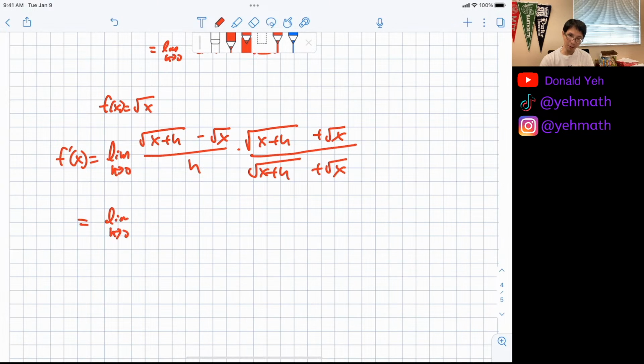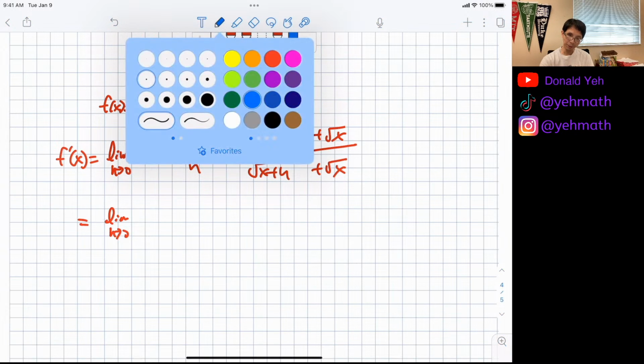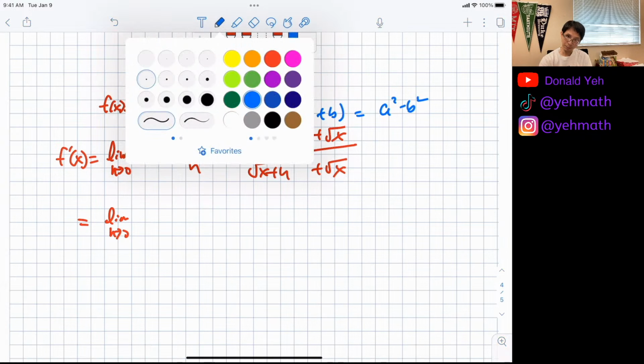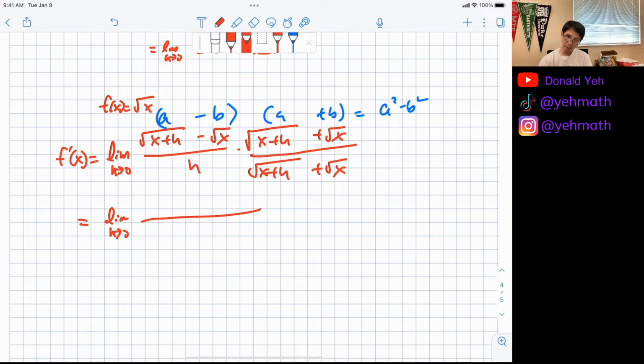Limit as h approaches 0. Now, if you see this is a minus b multiplied by a plus b, what results? A squared minus b squared. There's no middle term in this case. So the top is going to be x plus h minus x, over h times square root of x plus h plus square root of x.